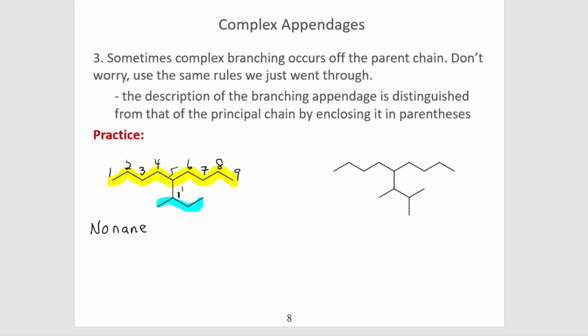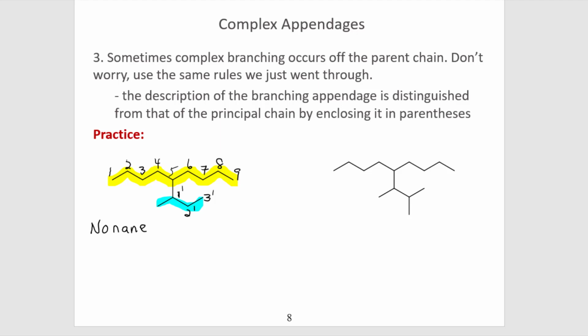You start at the carbon right off of your parent chain. So we're going to call that 1'. Now I want to name the longest chain starting at 1'. If I went left, I would only have a 2 carbon chain. But if I go right, I'll have a 3 carbon chain. So 2', 3'.